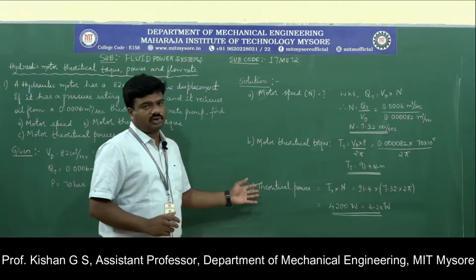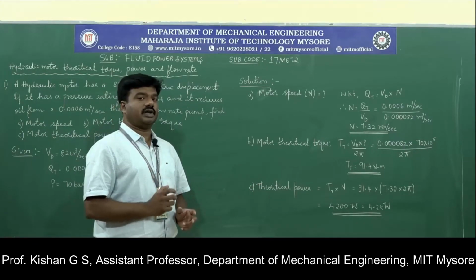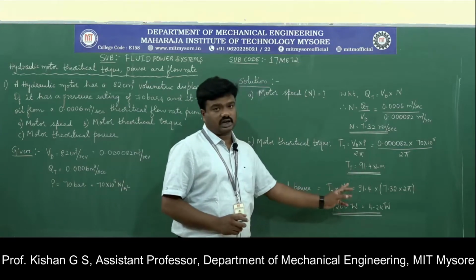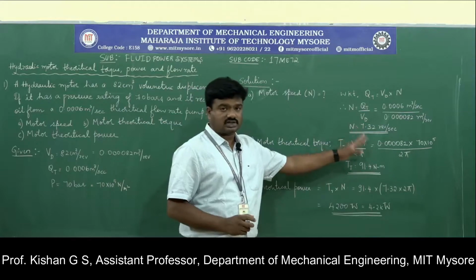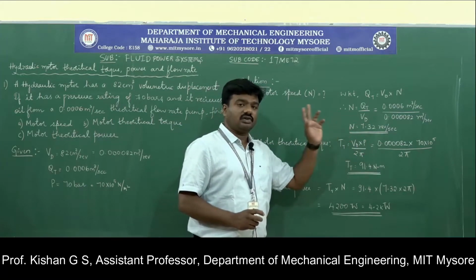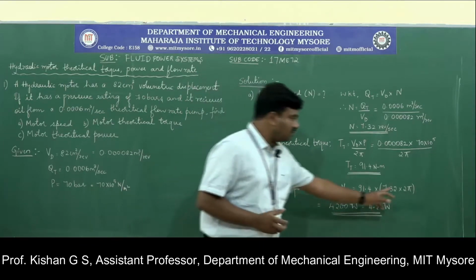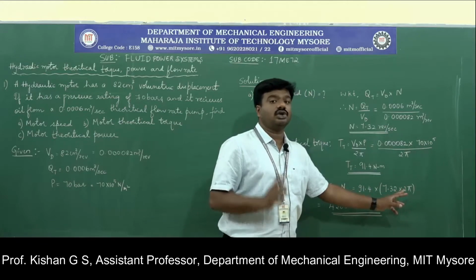So similarly, the motor theoretical power, it is Tt into N. Here care should be taken, because the value of N should be in radians per second. So the value of N what we have identified is in revolutions per second. To convert it into radians per second, we have to multiply the value of N in revolutions per second by 2 pi.